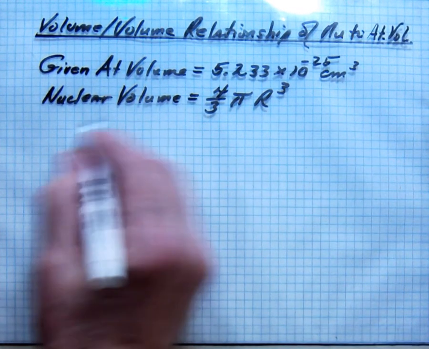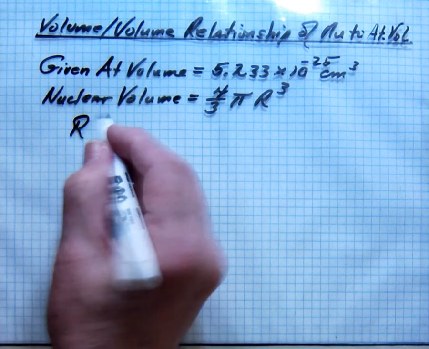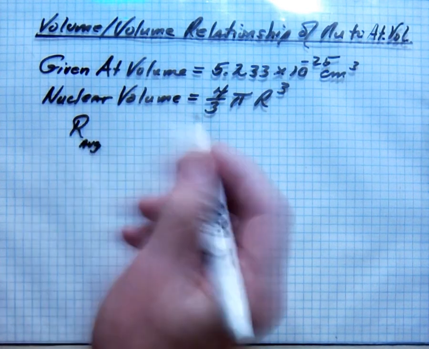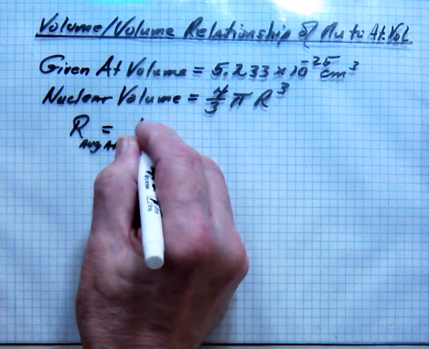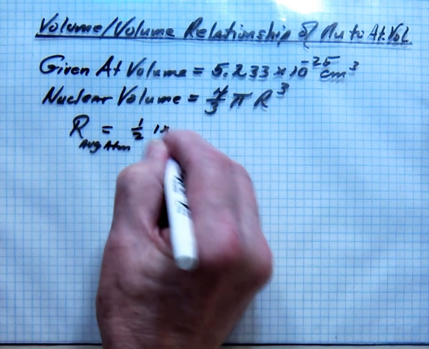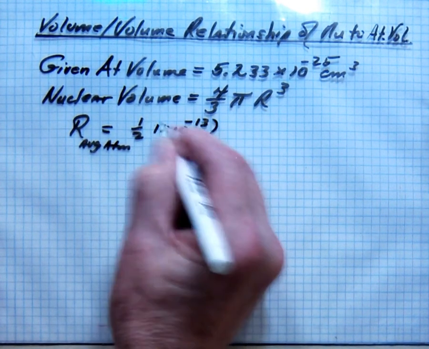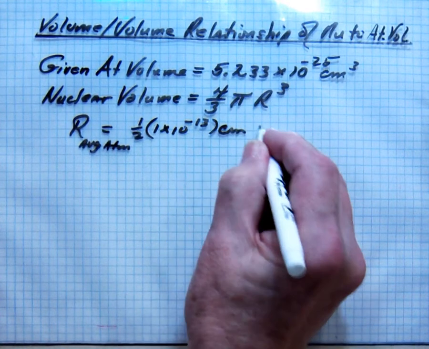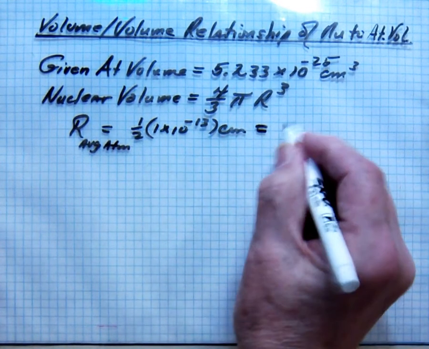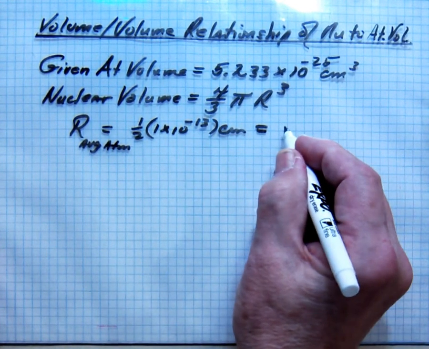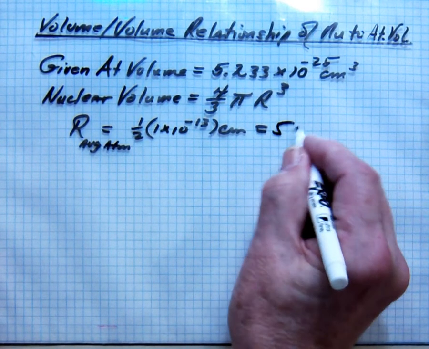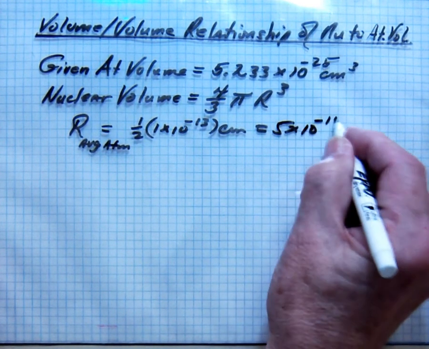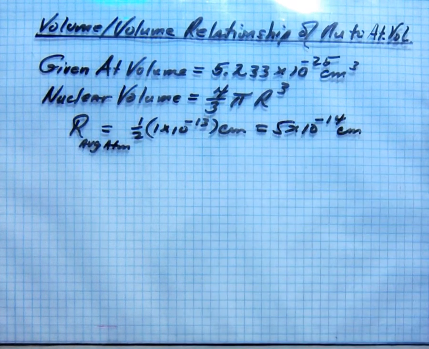And of course the radius of the average atom is 1/2 of 1 times 10 to the minus 13 of a centimeter. So that's half of that, 5 times 10 to the minus 14th of a centimeter.